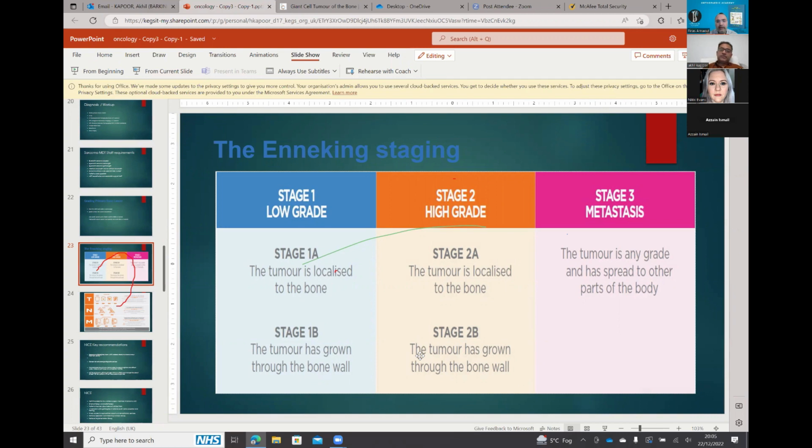So to stage a tumor, you'll have to have both the histological diagnosis, as well as diagnostic modalities to tell you how far the tumor has spread. Correct. And as you know, guys, if you go up the stages, it's obviously more advanced and more difficult to treat.